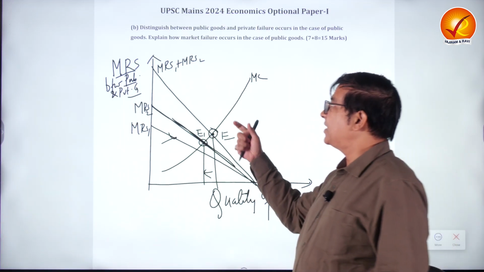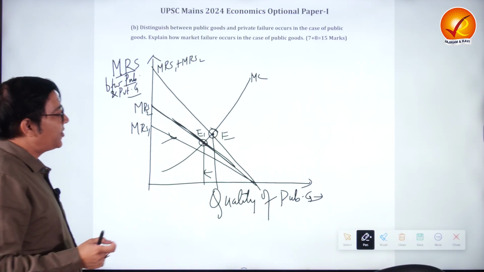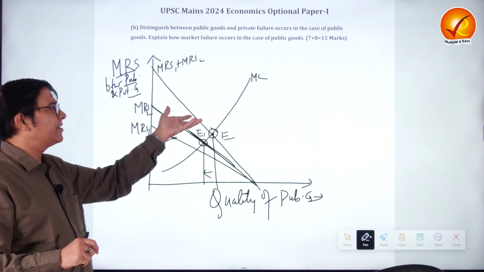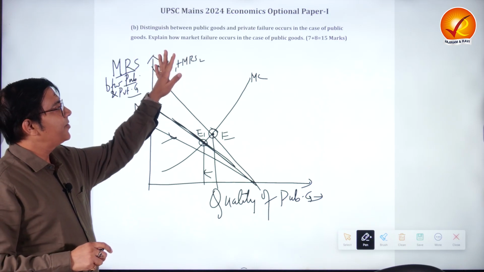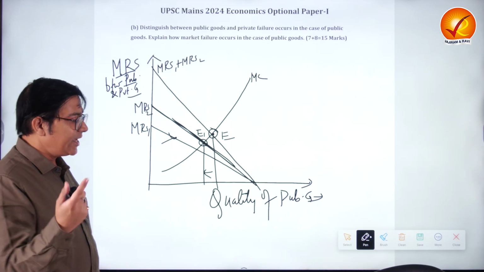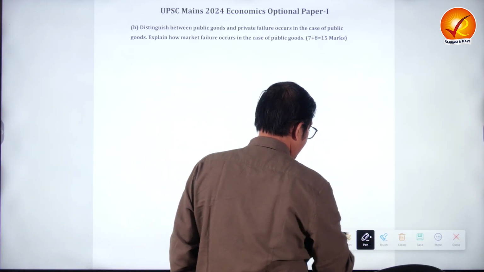Obviously, you'll have to write a little more on that, which due to time limitation I'm not going into. But this graph, or a similar graphical interpretation, would be needed to show the market failure in case of the public good. Any way that you can explain the free riding problem in a categorical manner.